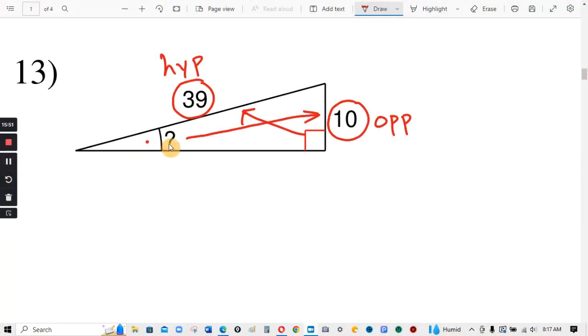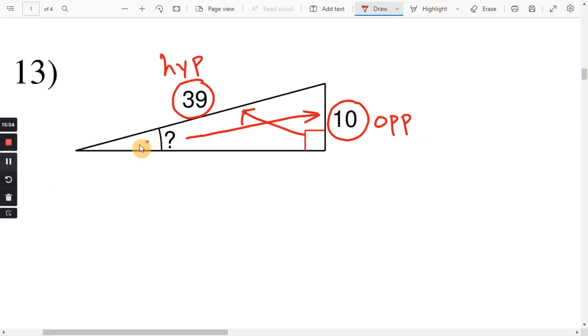All right, so instead of the Greek letter theta, we're just going to be using the question mark. So the sine of the angle question mark equals opposite over hypotenuse.